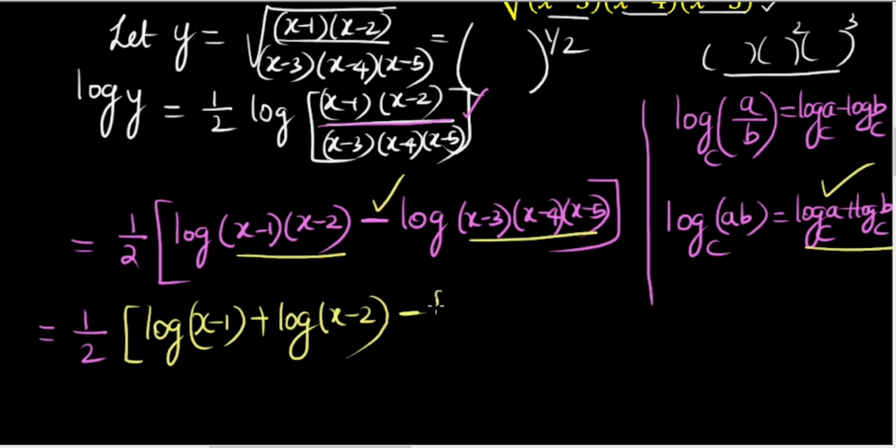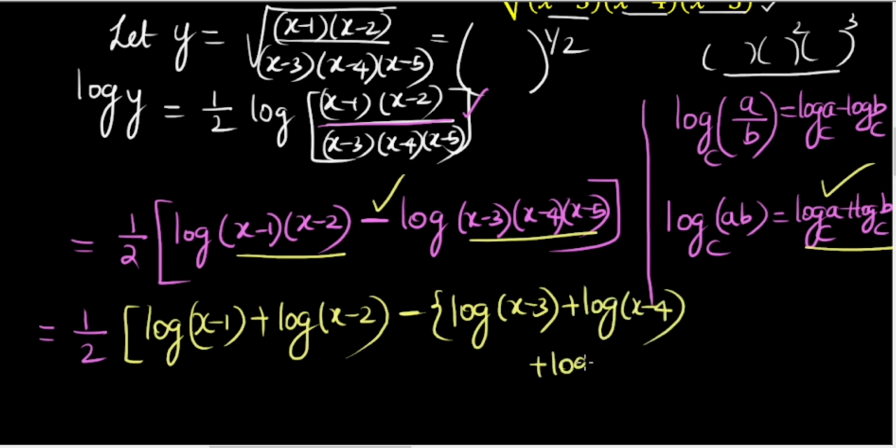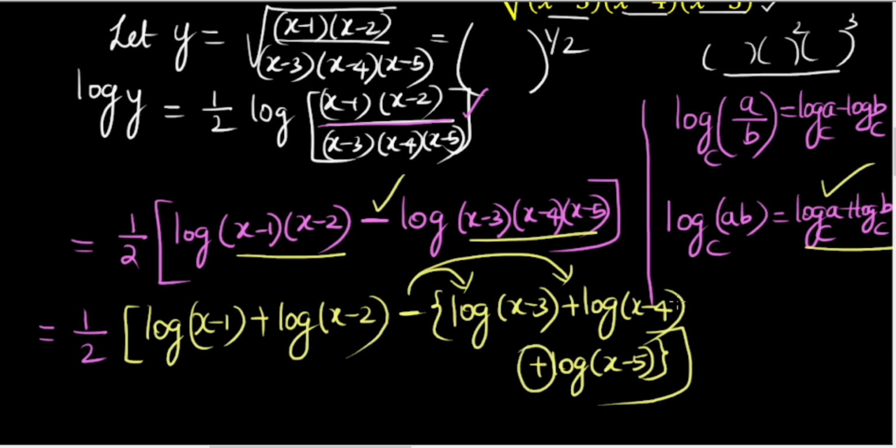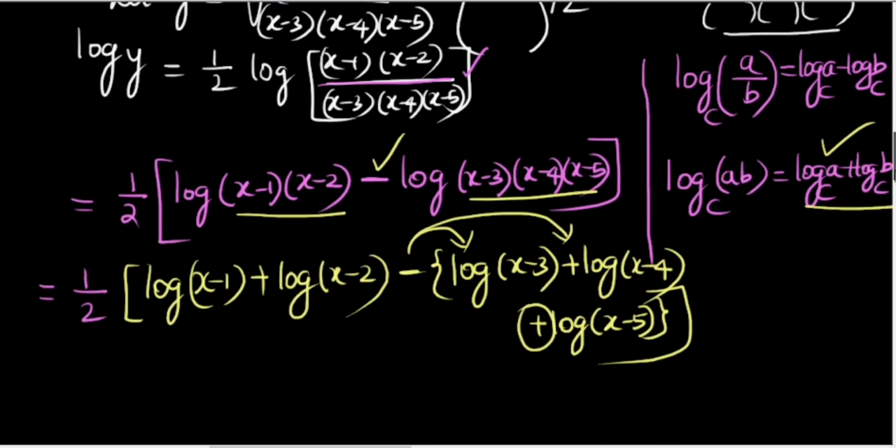So let me introduce one parenthesis: log of x minus 3 plus log of x minus 4 plus log of x minus 5, and we'll close the bracket. Now if you observe, the minus sign is there in common. So if you bring it inside, everything will become negative. Eventually we will be getting minus log of x minus 4, and here also minus log of x minus 5.